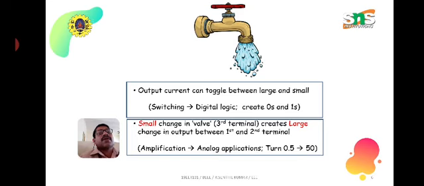See here the tap. The tap triggering is the red color, which we can move so that it can be opened or closed. The red color is the base, the left hand side is the emitter, and the right hand side, the output, is the collector.